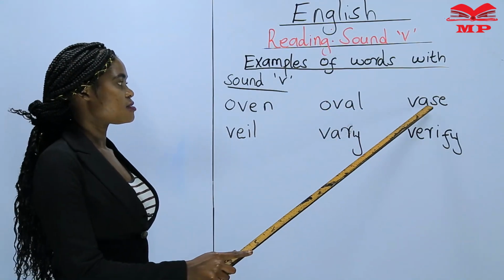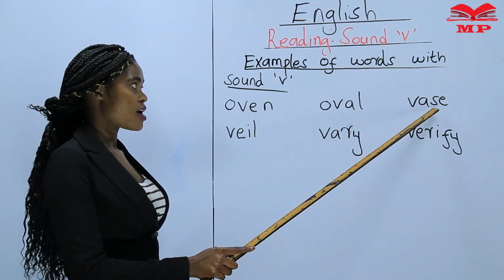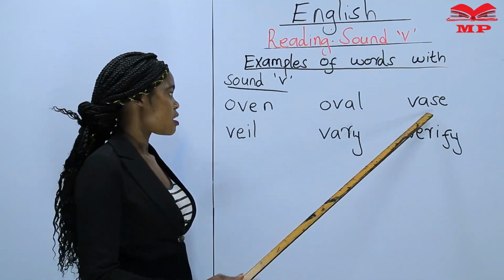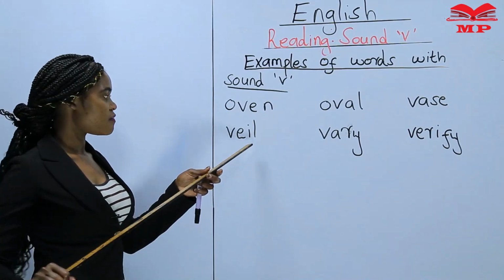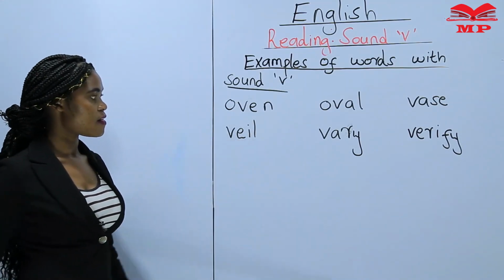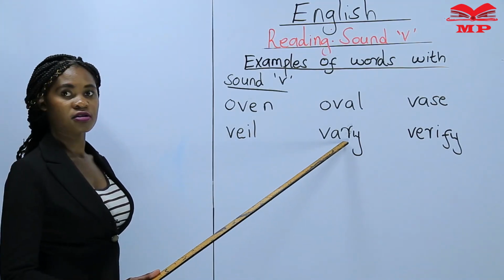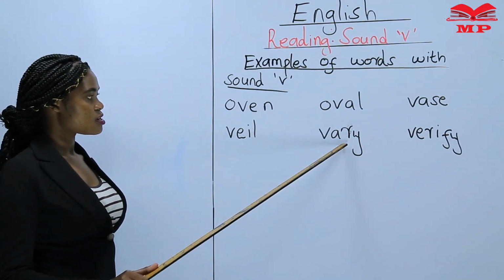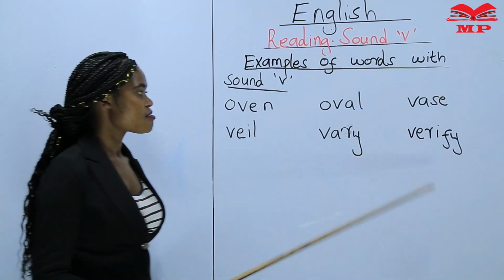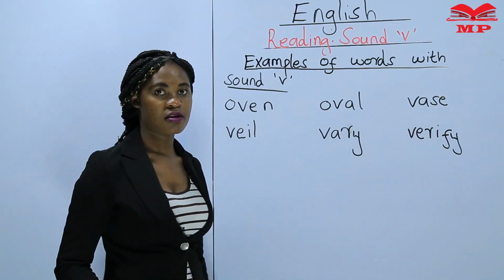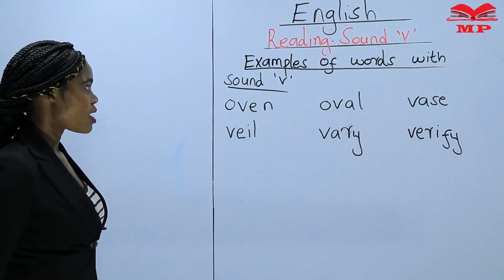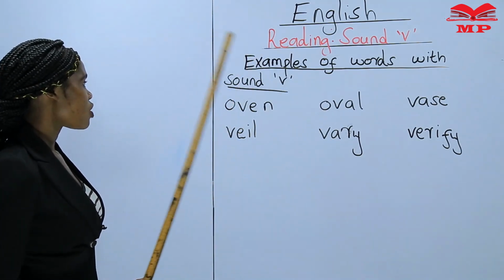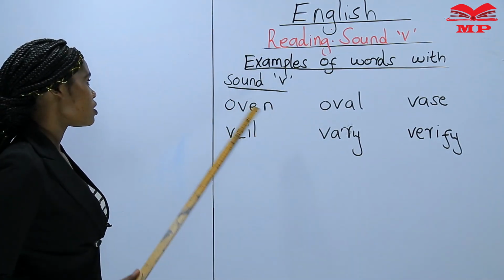Then vase. Vase. Veil. Veil. Vary. Vary. And lastly, verify. Verify. I'm going to read the words one more time. Make sure you are listening and as well as looking on the board.